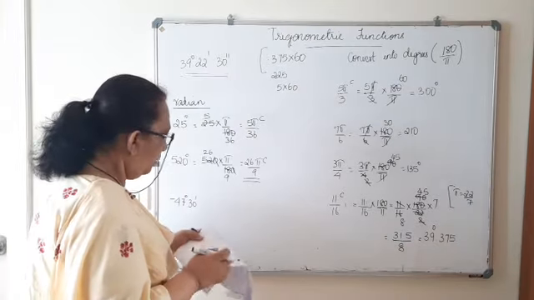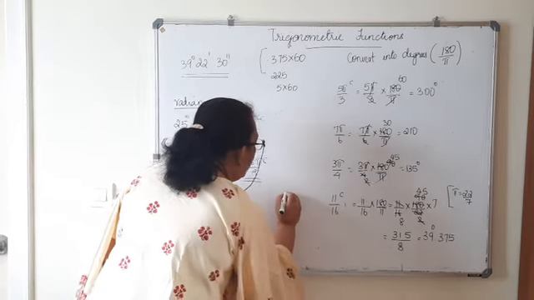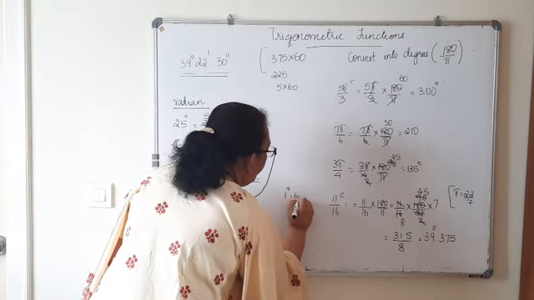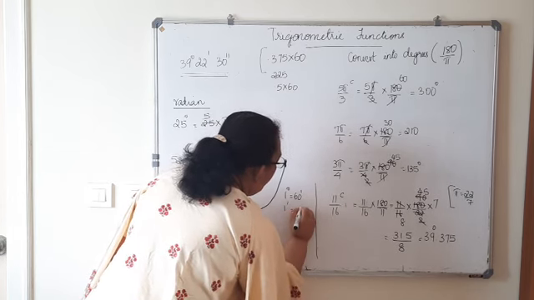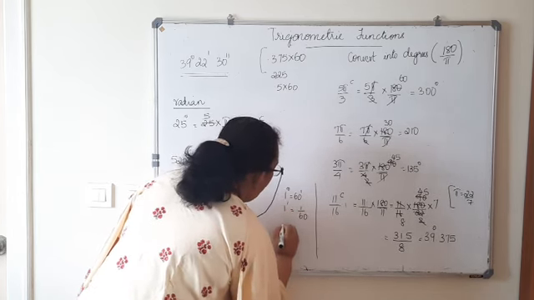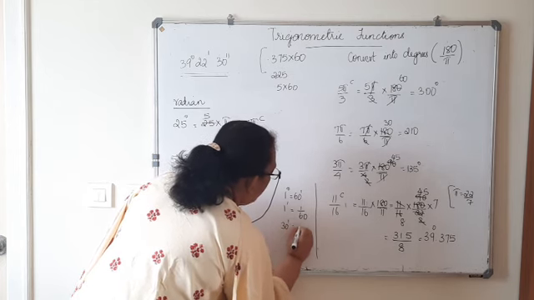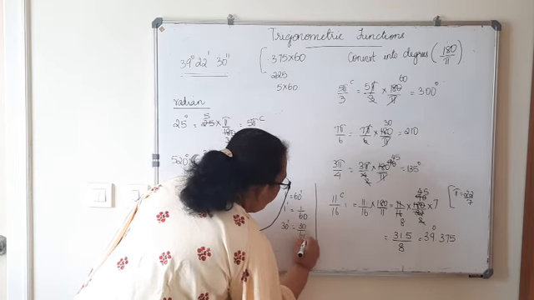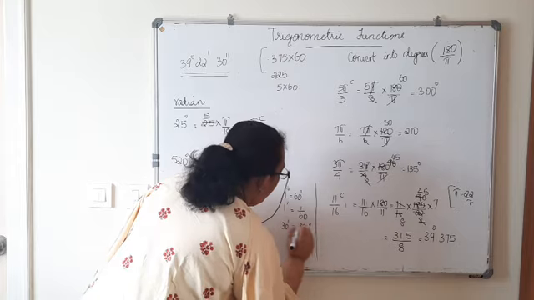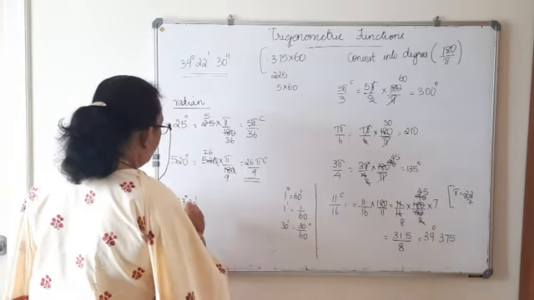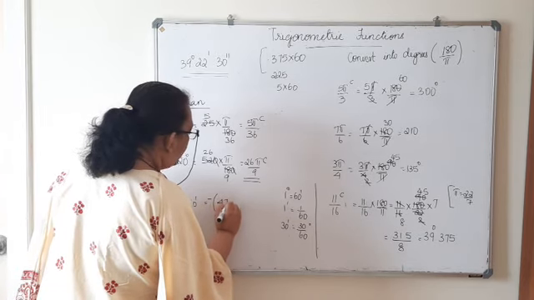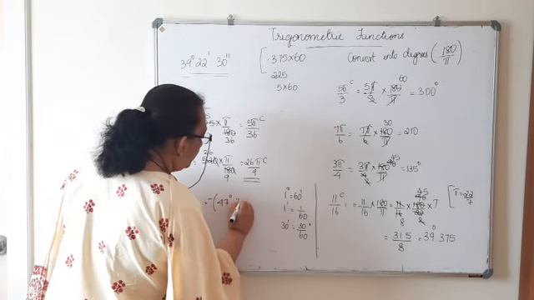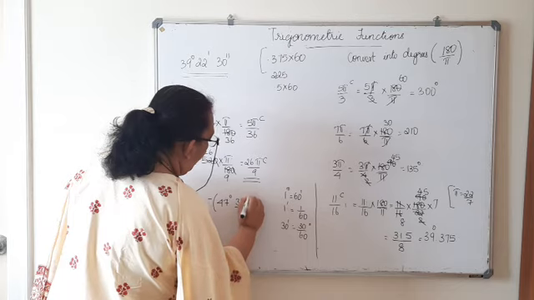So what I will do is, 1 degree is equal to 60 minutes. So 1 minute is equal to 1 by 60. So 30 minutes is equal to 30 by 60 degrees. So this can be written as minus of 47 degrees and 30 by 60.